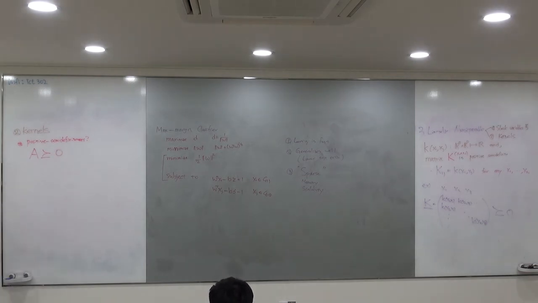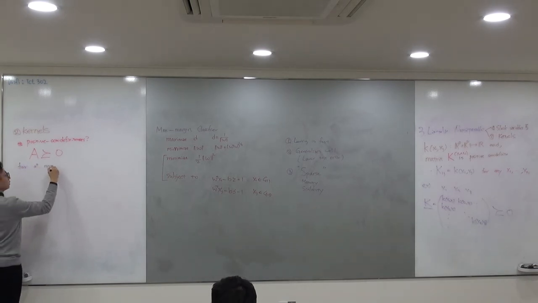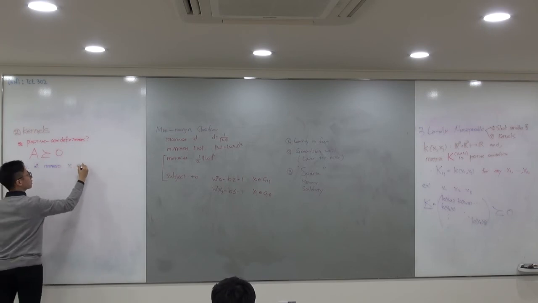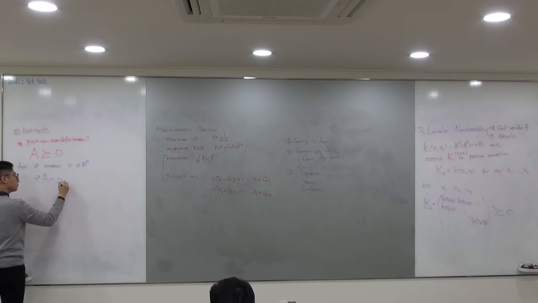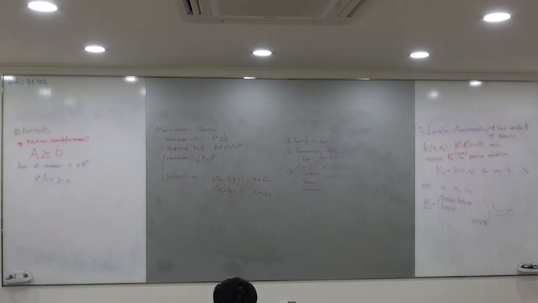The definition of positive semi-definiteness is, for all non-zero vectors x, the value x transpose A x should always be greater than or equal to 0.